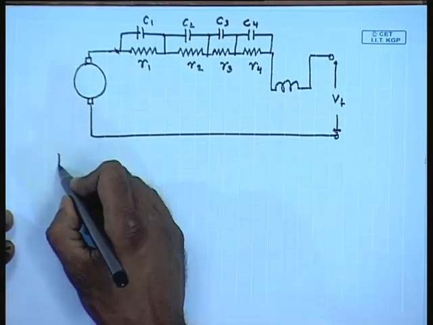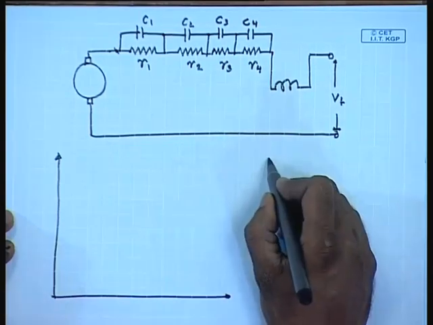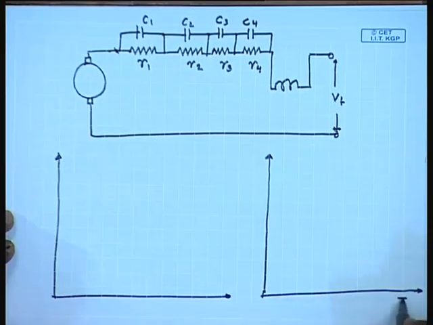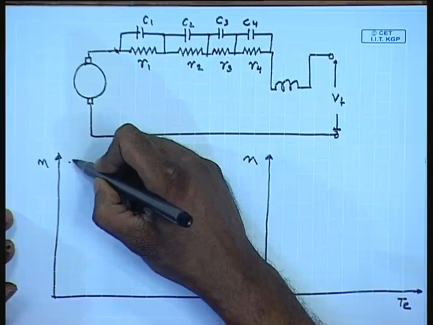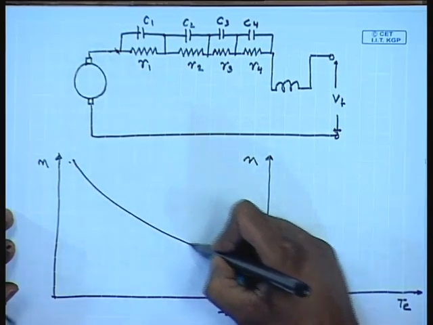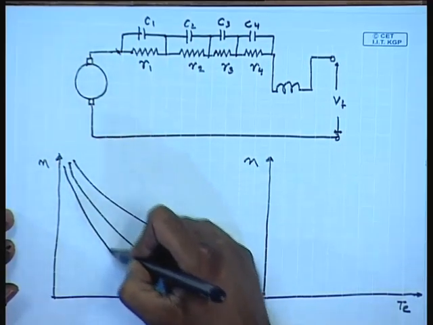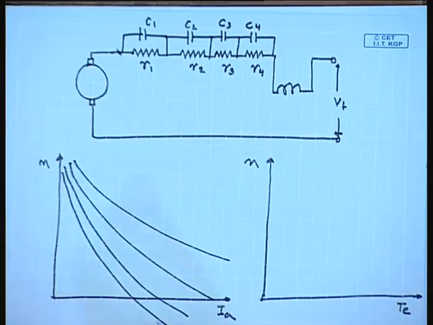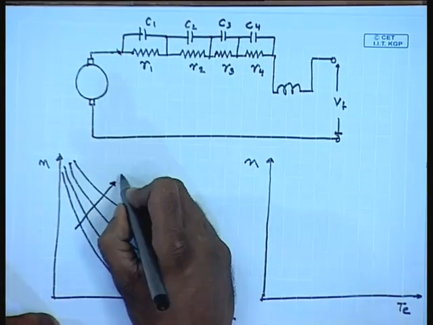So, if we plot the current speed characteristics and the torque speed characteristics with different resistances in series, for different resistances, these are with resistance decreasing, total resistance.